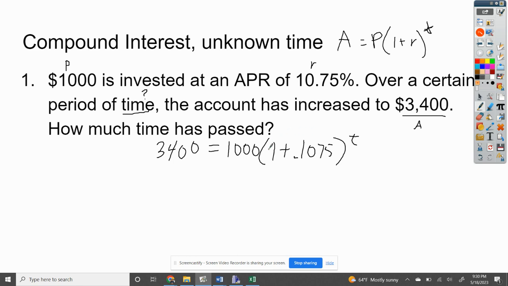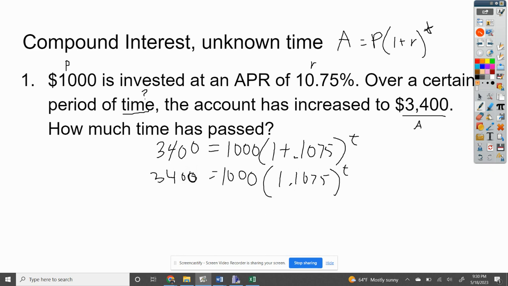You could go ahead and simplify this number inside the parentheses, so you could add this together and make it one number. Or you could divide off your 1,000 first. Either thing's fine. I'm going to add that number together there. So when you add those together, you should get 1.1075 to the T. And then the next step, I'm going to divide my 1,000 on both sides.